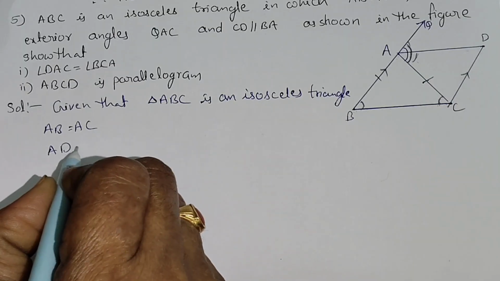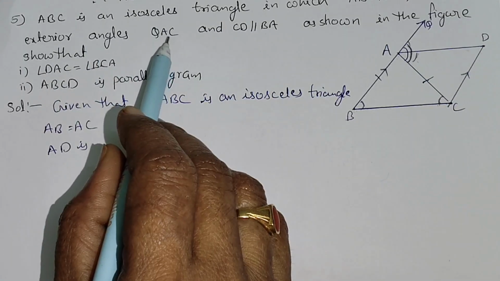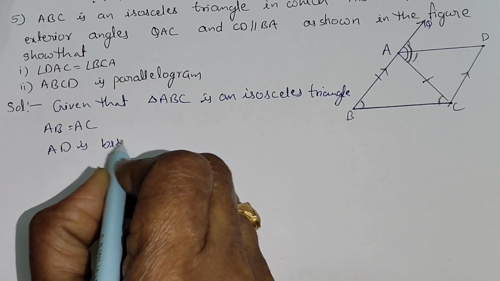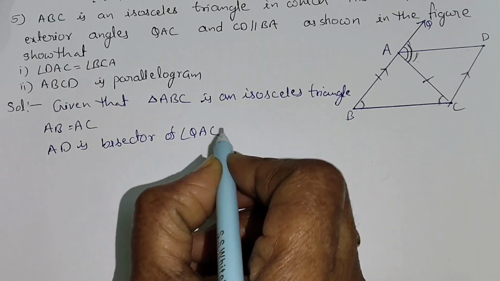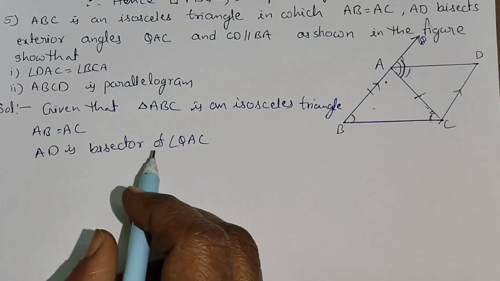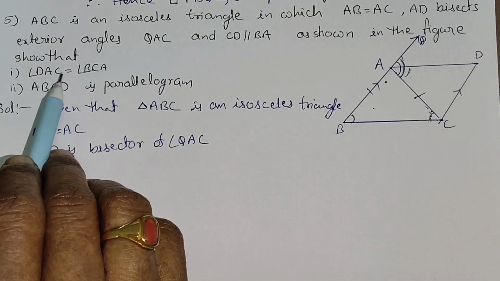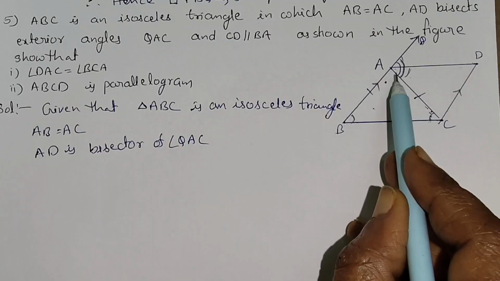AD is the bisector of the exterior angle QAC. Now we prove first that angle DAC equals angle BCA.